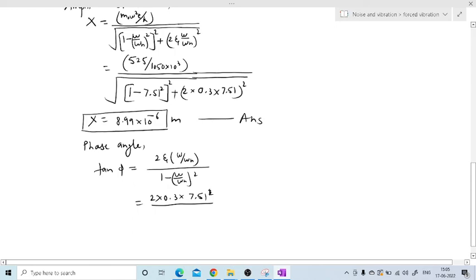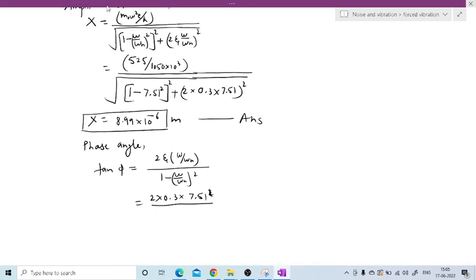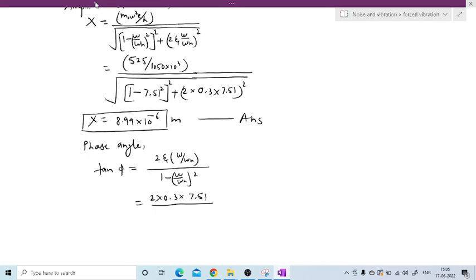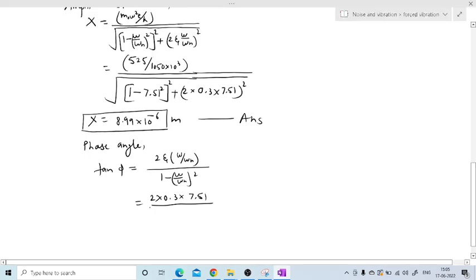Sorry, it is only omega by omega n, there is no square. So it is 2 into 0.3 into 7.51, divided by 1 minus 7.51 square. Solve this and take the tan inverse, and this comes out to be minus 4.63 degree.